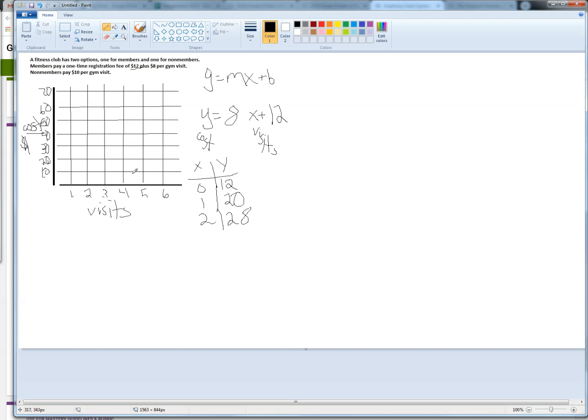Let's do one more. I made my graph go up to 6, so let's just also do 6. 8 times 6 is 48, plus 12 is 60. I did that in my head. If you need to write it out, write it out.